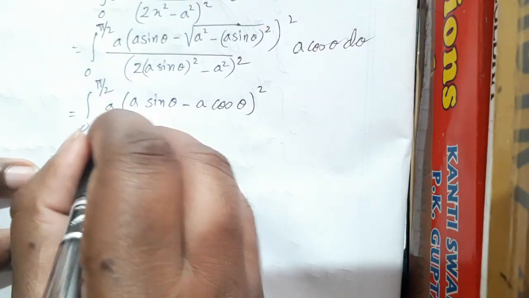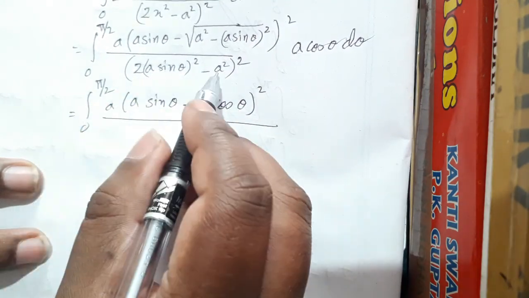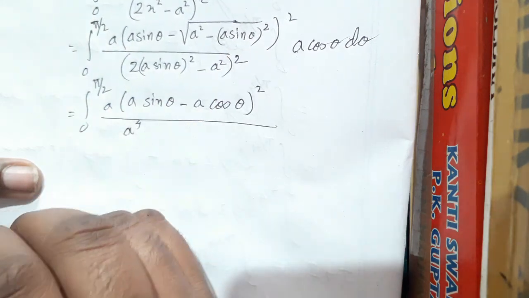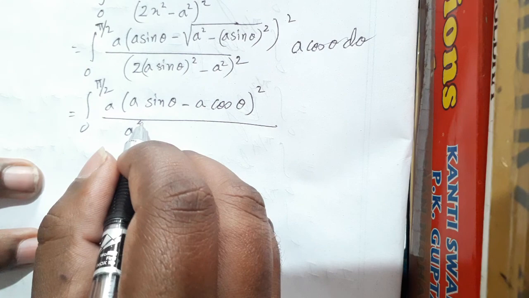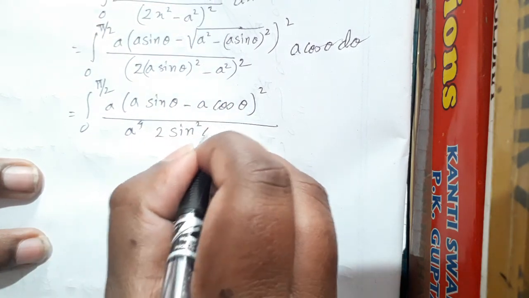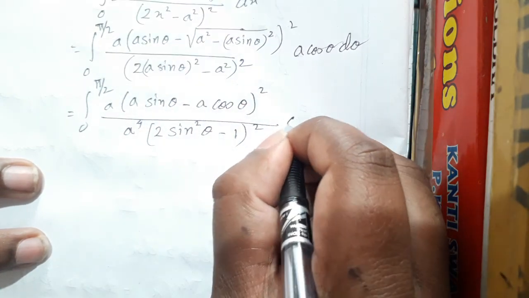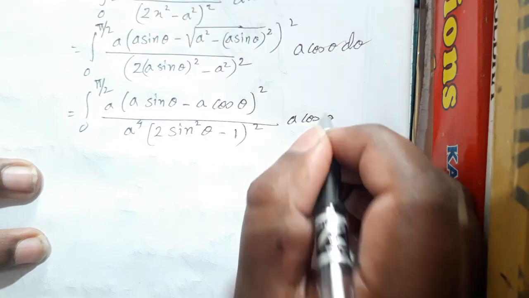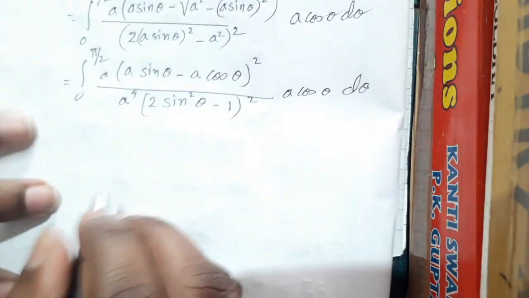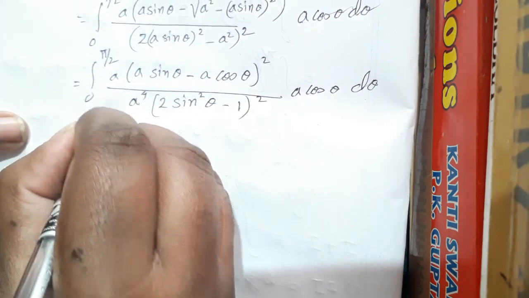Whole thing square, divided by, taking a square out here, a to the power 4 times (2 sine square theta minus 1) whole square, times a cos theta d theta.